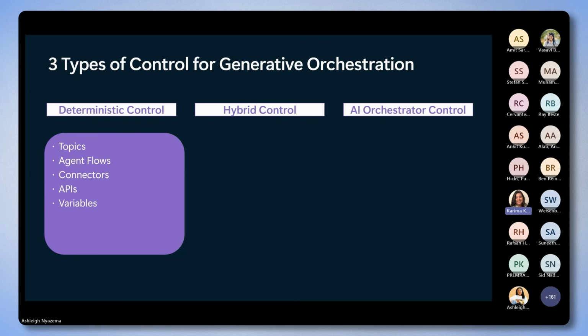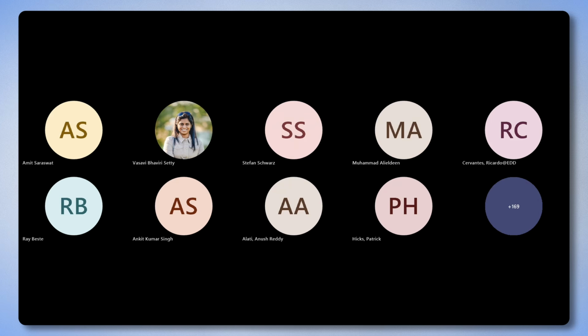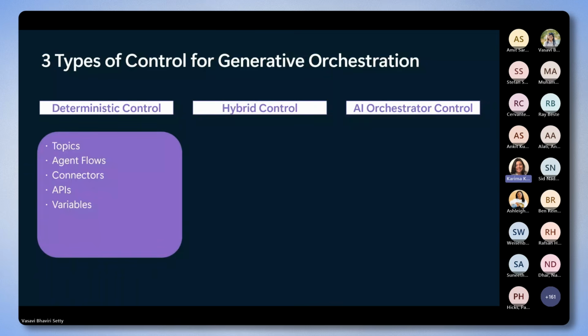And so when you have deterministic processes, you can have very full control because you're the orchestrator. And so when you're using generative orchestration, Copilot Studio still provides you with that deterministic control, because even before LLMs came about, Copilot Studio has been feature rich in allowing you to control your own orchestration, right? So all of that is available.